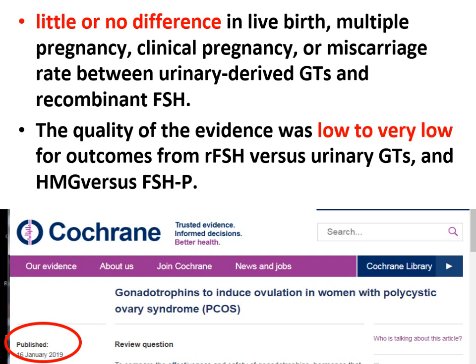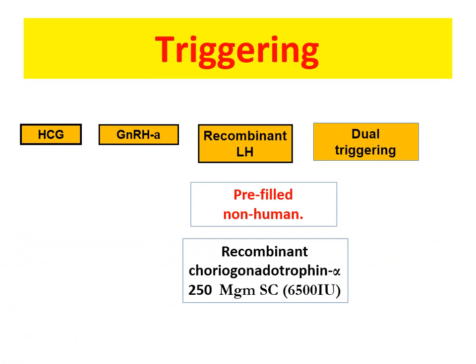And this is considered a recent recommendation, and this highlights that you should not stress on the type of induction of superovulation rather than searching for a cause of the empty follicle syndrome, because there is no significant difference between different drugs.